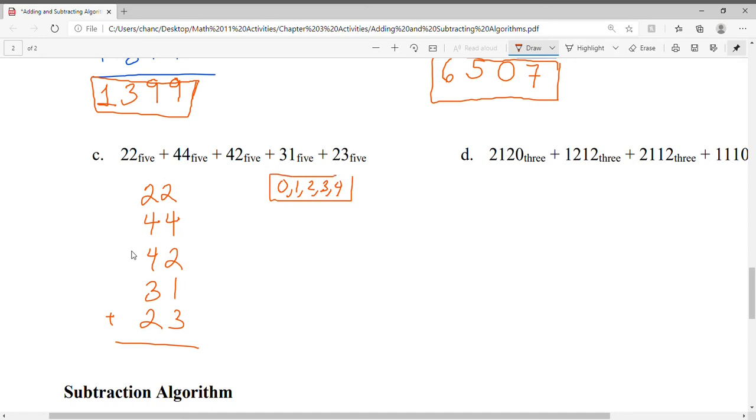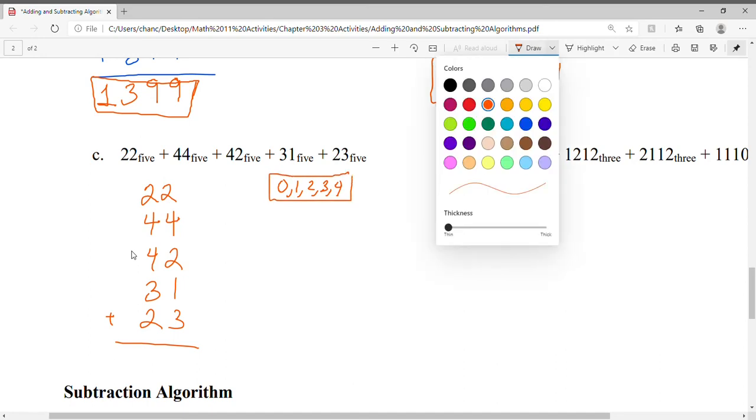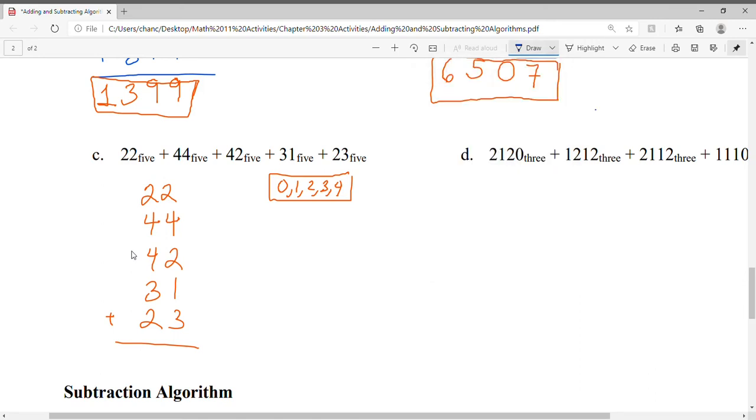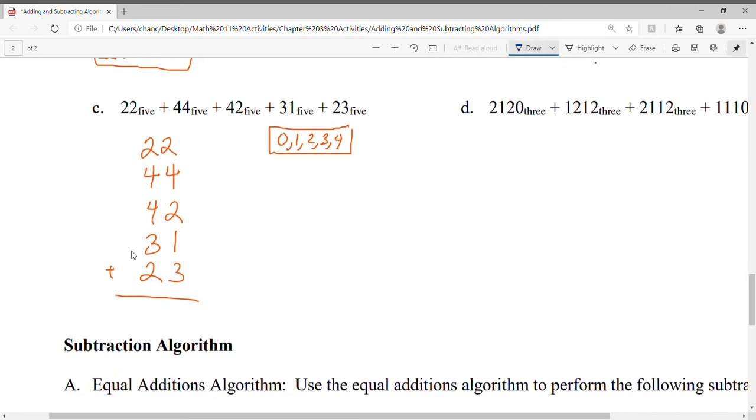We don't have any other numbers for base 5. So as soon as we get to 5 or more, we need to put a scratch because we have to carry over something. So 2 plus 4, that's 6. That's over 5, so we need a scratch.